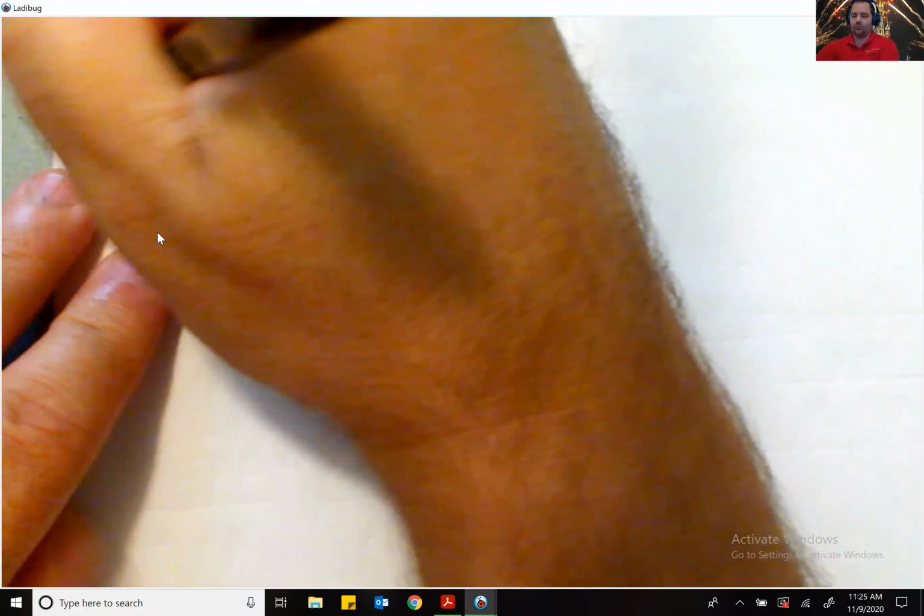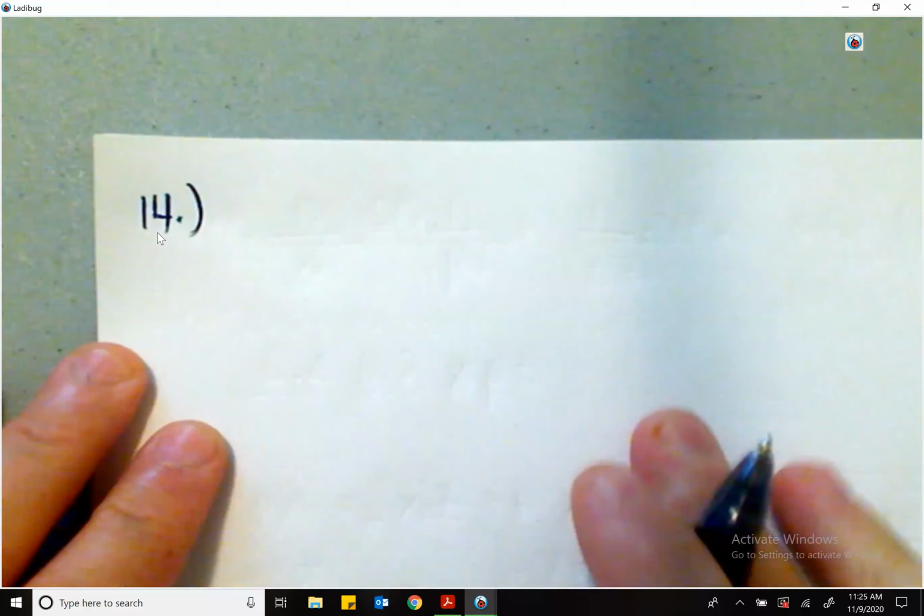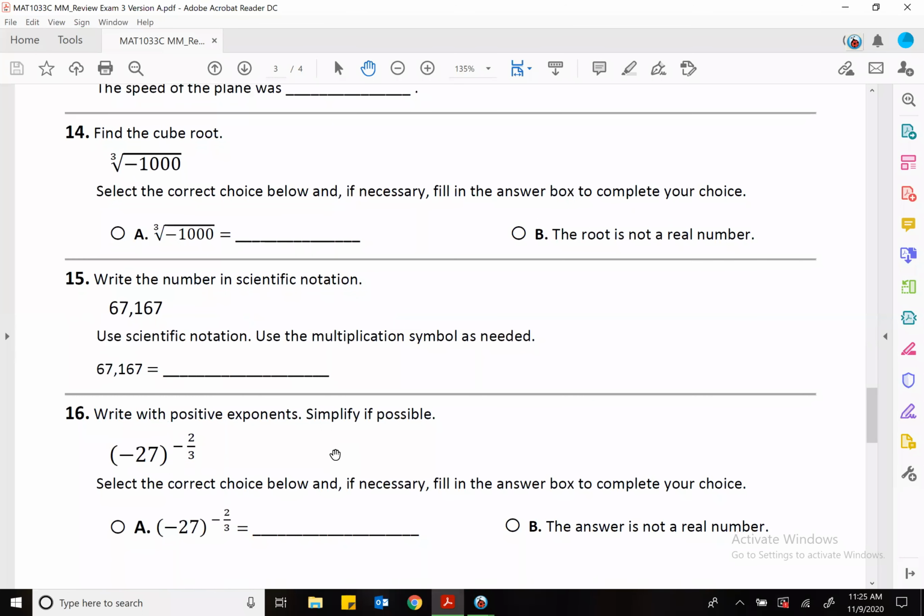Number 14, here we go, radicals. Jumping into radicals. It wants you to find the cube root of this. So what can you easily do? How can we find the cube root of that number?